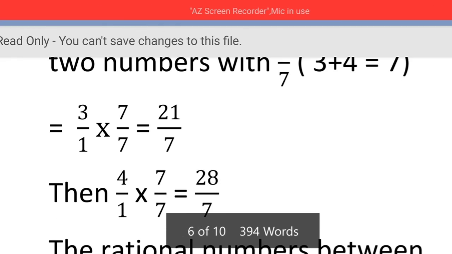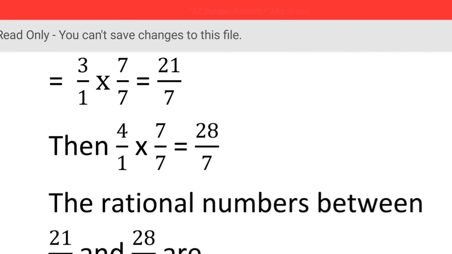Next number is 4. 4 by 1 multiply by 7 by 7. You will get 4 7s are 28 and 1 7s are 7, so 28 by 7. You know 7 by 7 is 1. If you multiply with 1, you will get the same number only.